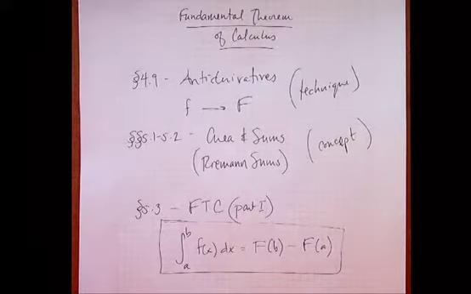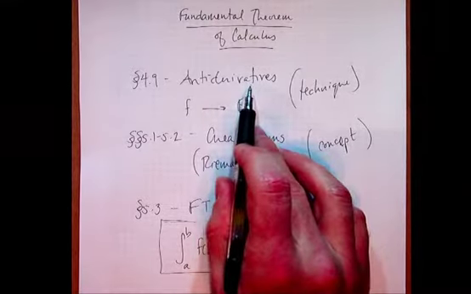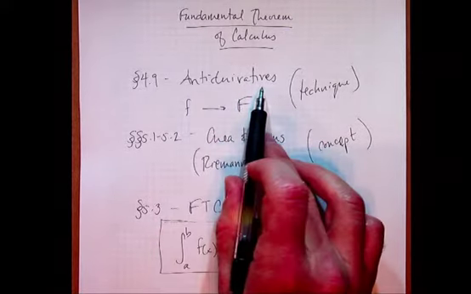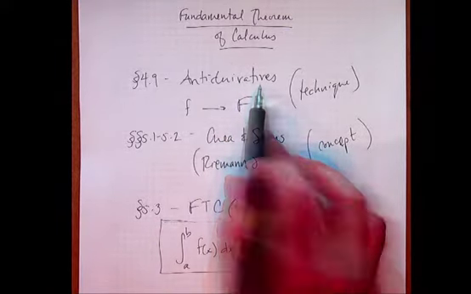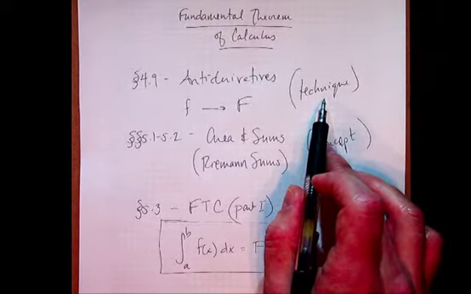Okay. Now, before we got to the fundamental theorem of calculus, we started a unit where we were dealing with undoing derivatives, right? We were dealing with what is called anti-differentiation, or anti-derivatives, and it was purely a section that was technique based. It was not really a whole lot of conceptual richness.